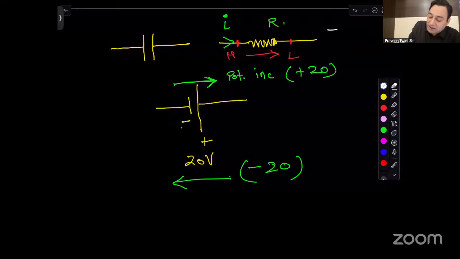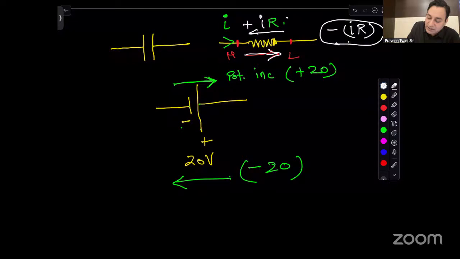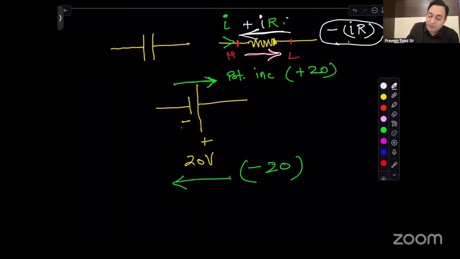The potential difference across a resistor is IR, but I use a minus sign because the potential decreased. If I was going in the opposite direction, I would write plus IR, because I was going from lower to higher potential. So for a current carrying element, this is how you write plus or minus.